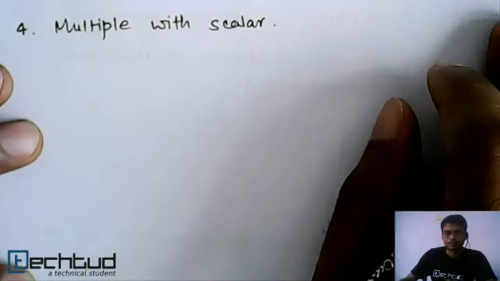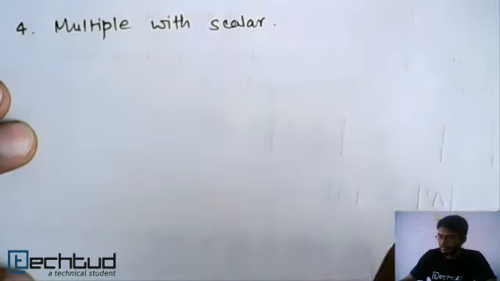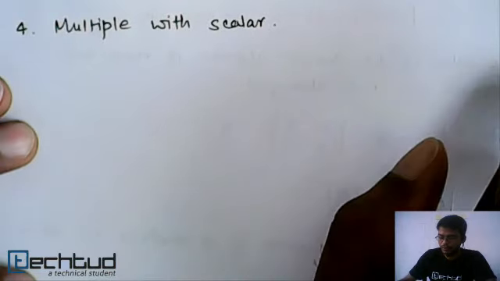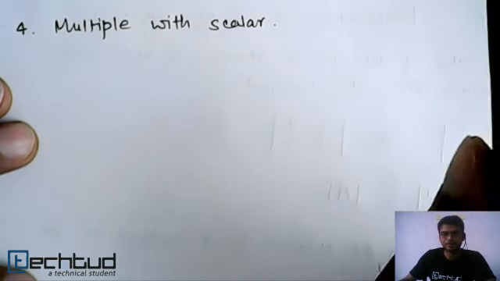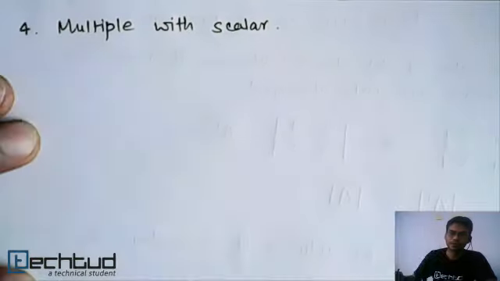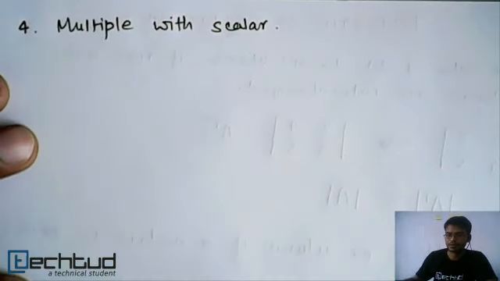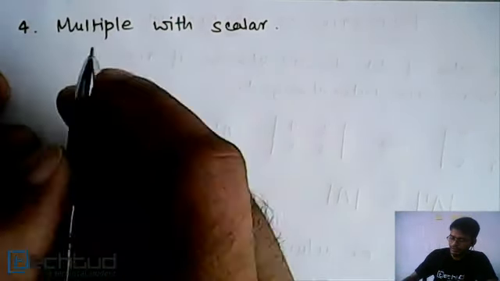Okay, so the next property is multiplication with a scalar. What does it mean when we multiply the determinant with a constant k? What will be the change in the value? That we have to understand. So there are two kinds of multiplication.